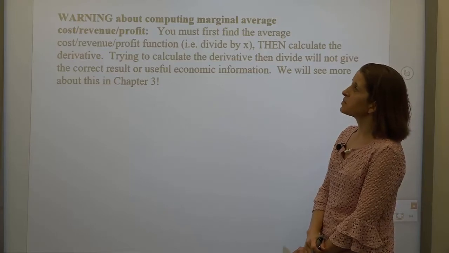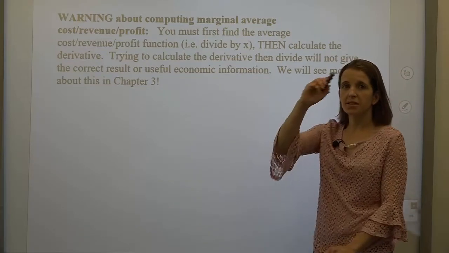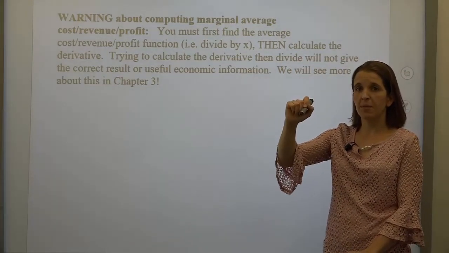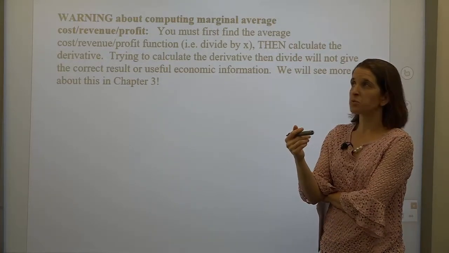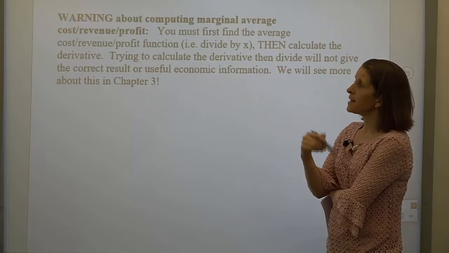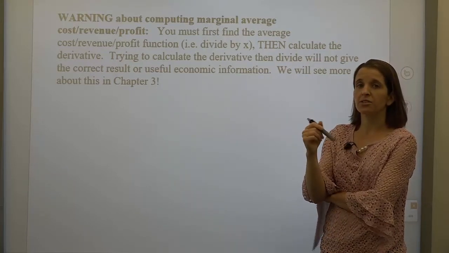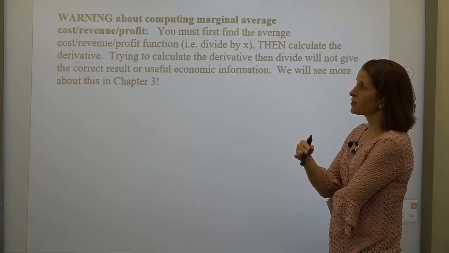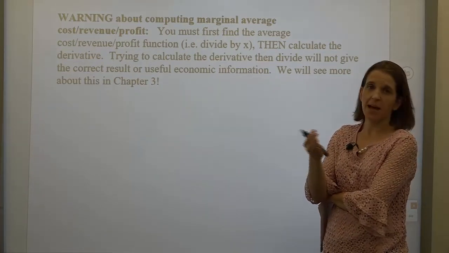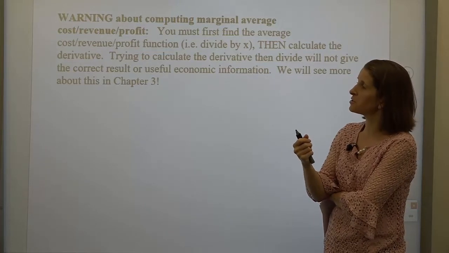The reason is because you cannot just take the derivative of a numerator and the derivative of a denominator. You need something called the quotient rule, which we're going to get to eventually. So right now, the only way around this is for us to actually simplify it and then use the power rule. So we have to simplify it first, or we will accidentally be doing bad math because we haven't learned the quotient rule yet.